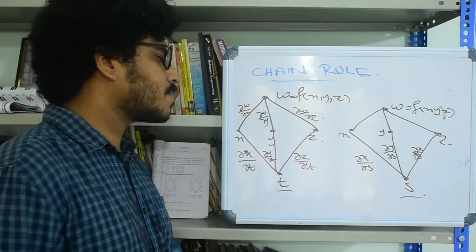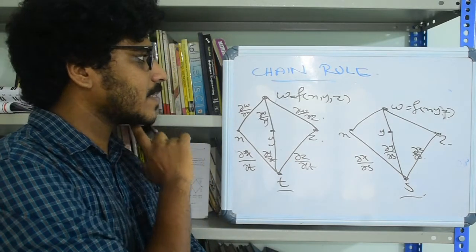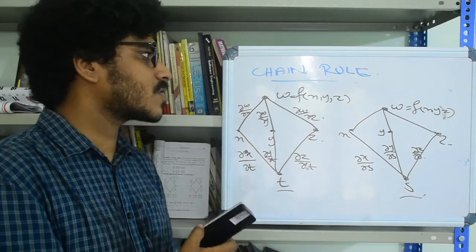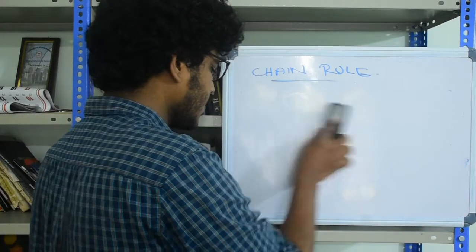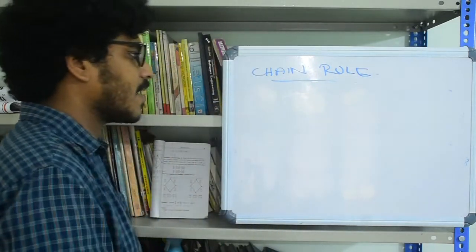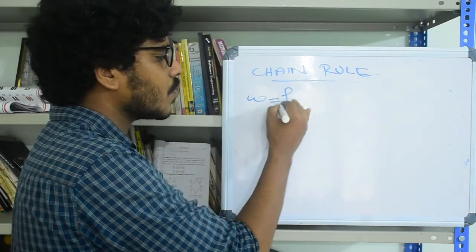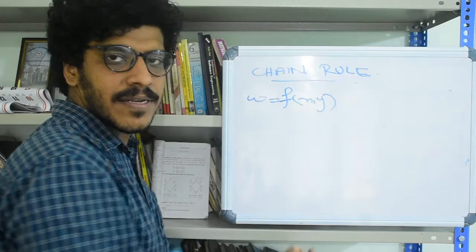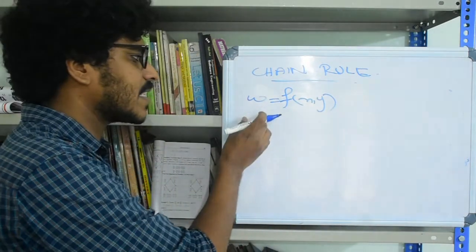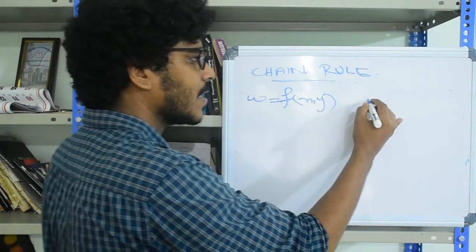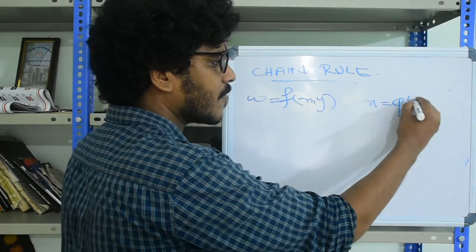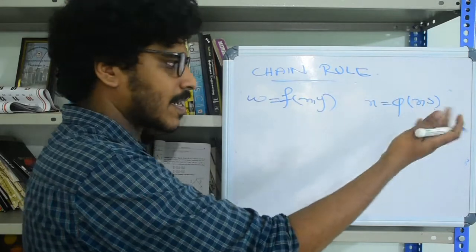So now we can try to identify a limited case of this type of chain rule application, where we have two intermediate variables and two independent variables. Let w equal f of x, y be a differentiable function of x and y, and let x equal phi of r, s and y equal psi of r, s be differentiable functions of r and s.